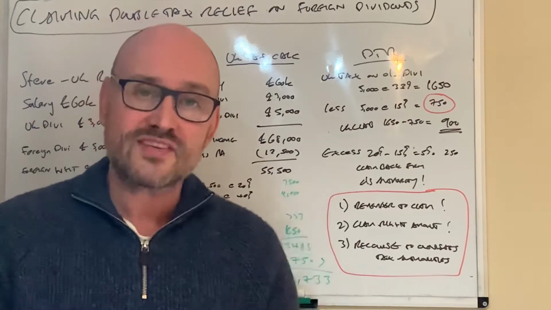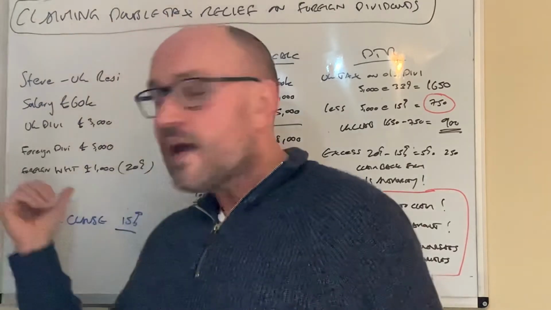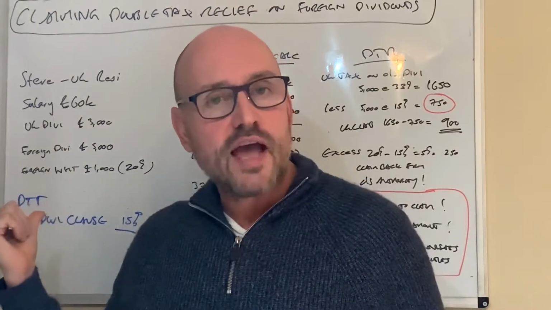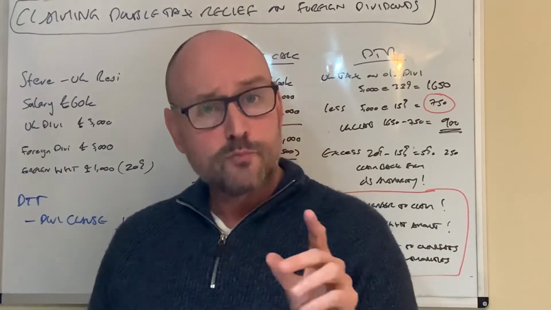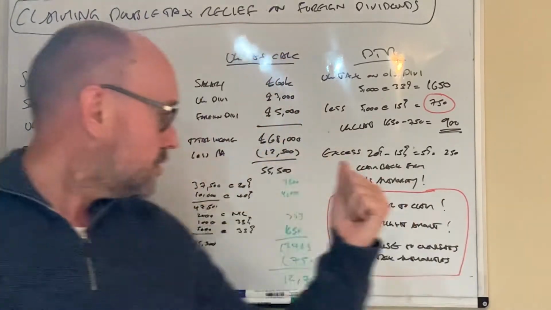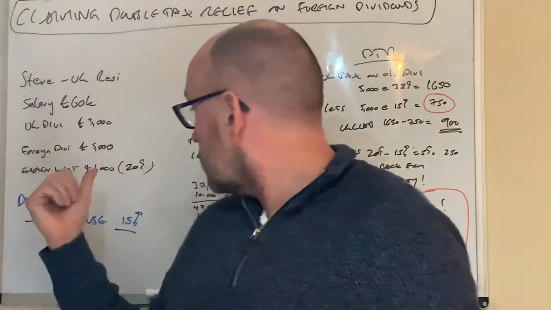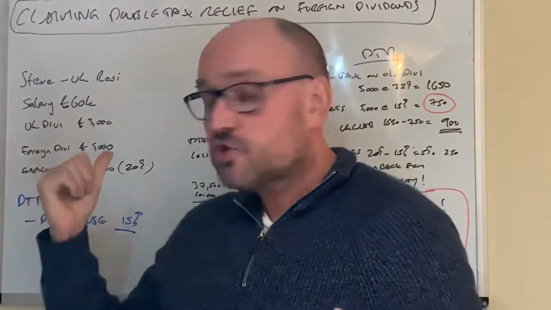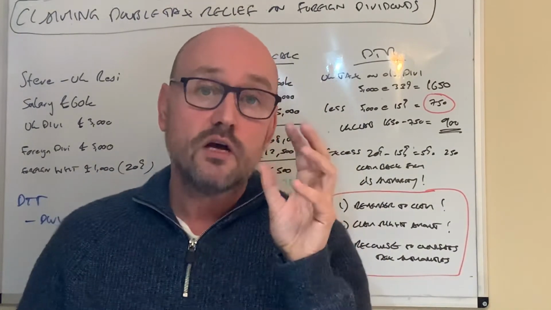Because what's happened is the UK tax authorities say, hey, look, we don't care if you received £800. That's not the figure we're going to put on your income tax return. You put the gross figure on, which is the gross figure is £5,000.